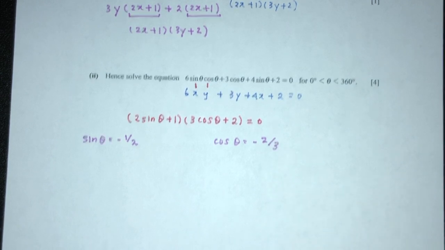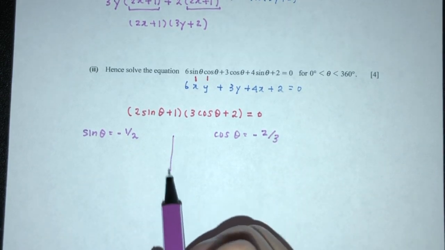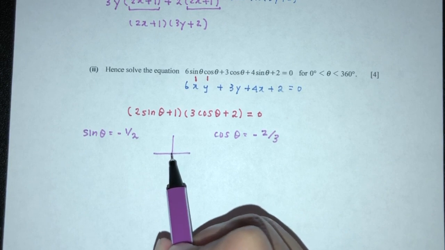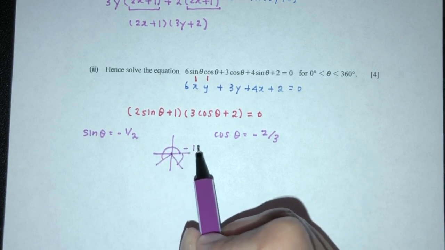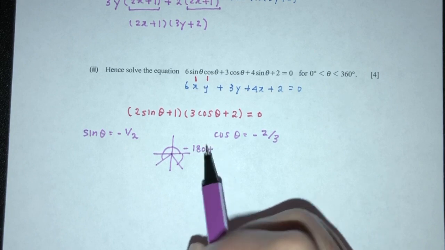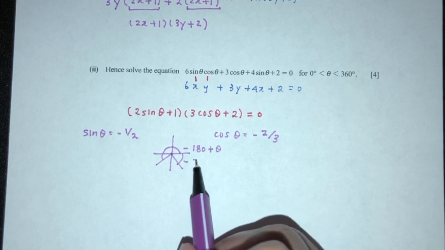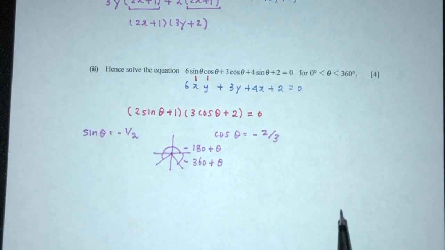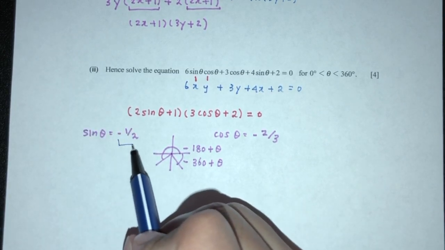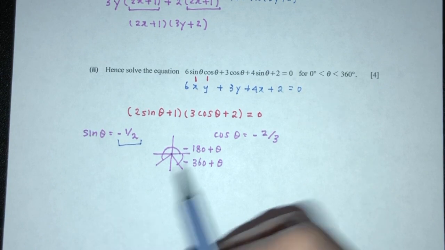For the first one, because sine is negative, it will be in the third quadrant, and in the fourth quadrant, that will be 180 plus the value of theta. This will be 360 plus the value of theta. But again, let me use a fake angle here because the value is negative. I don't want to do this directly. Let's call this alpha.